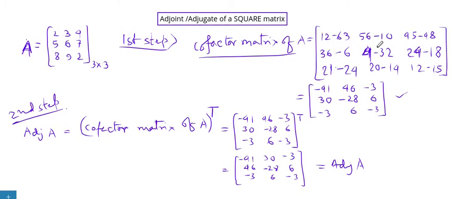Then take this matrix and make its transpose. The transpose of the cofactor matrix of A is this. So this is the adjoint or adjugate of A. This is the process for finding the adjoint or adjugate of any square matrix.